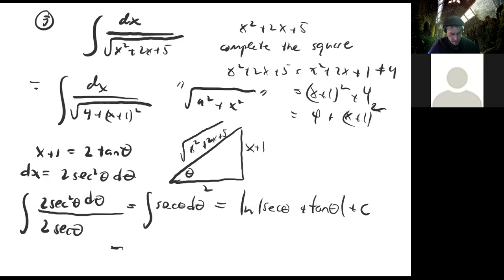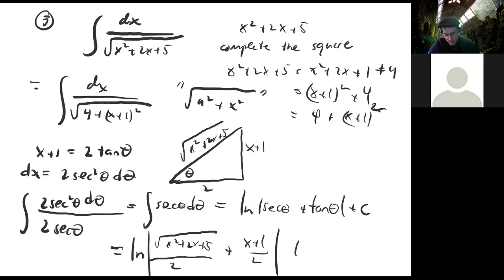So we're now able to write the answer in terms of x. Secant theta is the square root of x squared plus 2x plus 5 over 2, plus tangent theta. And this is all absolute values, I should write. So let me put a straight line here. Tangent theta is opposite over adjacent, so that's (x plus 1) over 2, plus c.